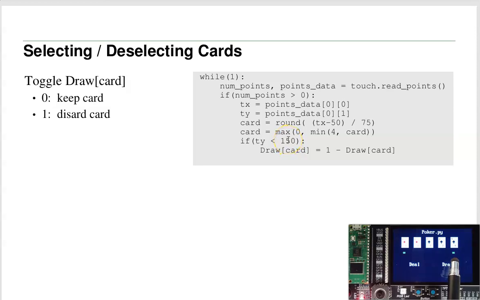The card, this card 0, 1, 2, 3, 4. Can't be less than 0, can't be more than 4. And checks if the Y value is between 0 and 150, somewhere over here, it accepts it. And when I accept it, the flag draw becomes 1 or 0. 1 means I want to draw it, 0 means don't draw it.